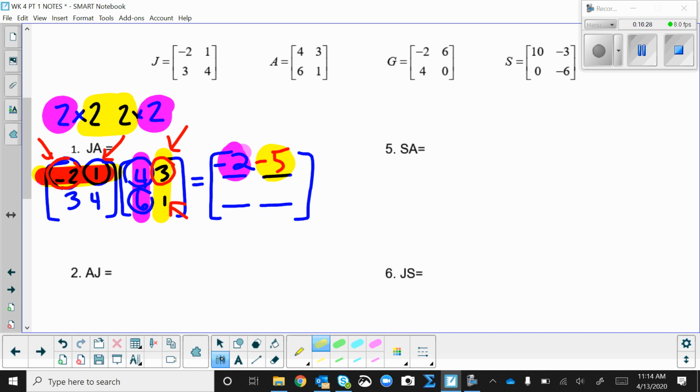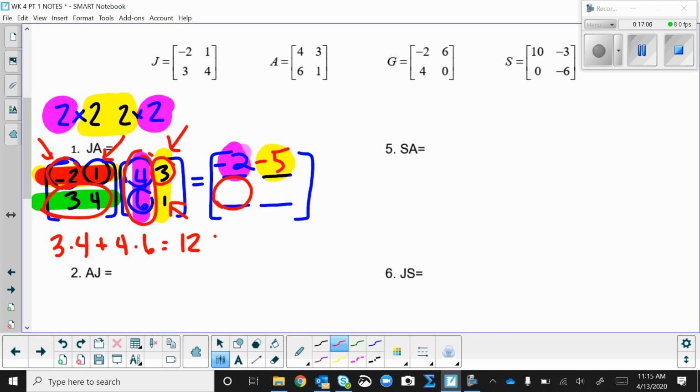Okay, so now we are going to do row 2 times column 1. Row 2, column 1, and that's going to give me the row 2, column 1 answer right here. The first entries are 3 and 4. Those get multiplied. The second entries are 4 and 6. And we're going to add those. So that's 12 plus 24, and that is 36.